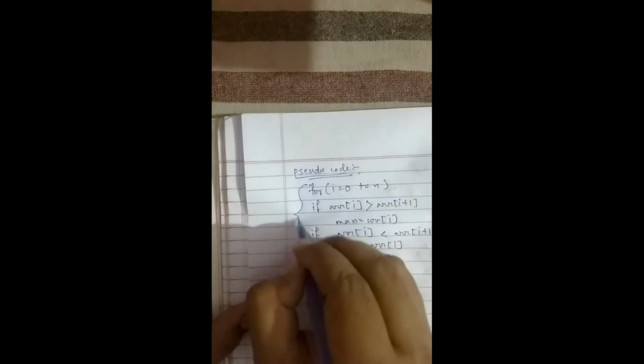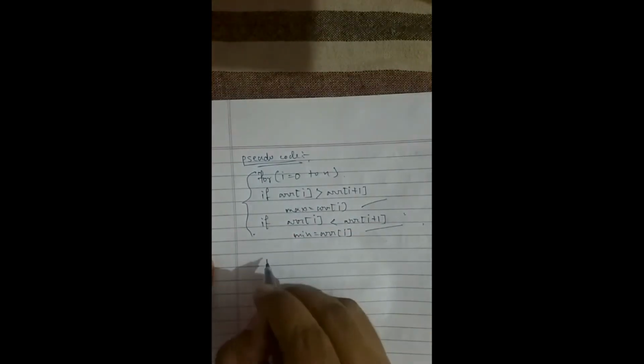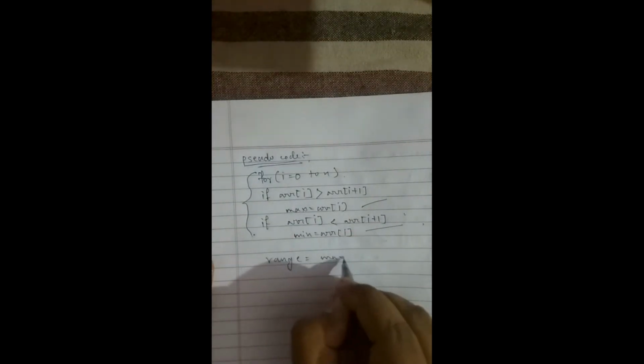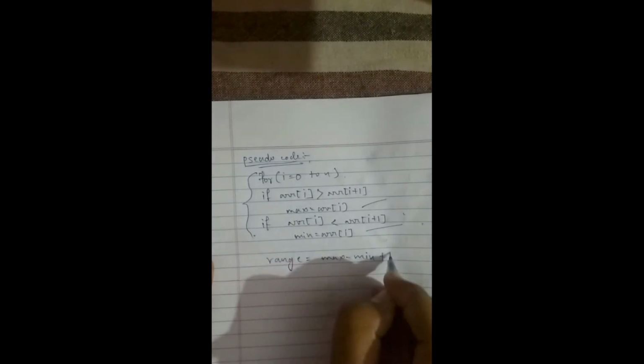So this loop gives me the maximum and minimum of the array, and then you find the range: max minus min plus 1.